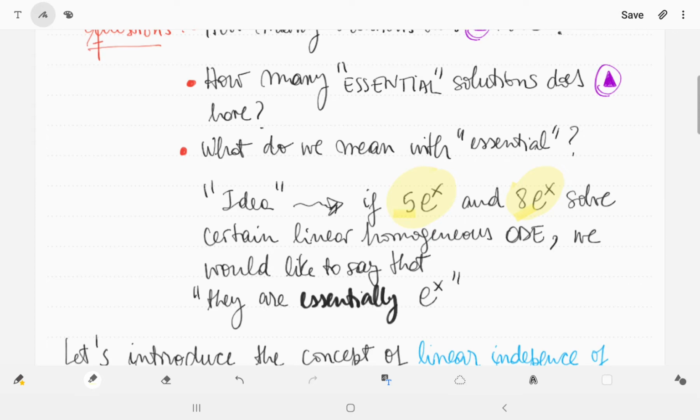If 5 times e^x is a solution and 8 times e^x is a solution, we would like to say that essentially I'm talking about this function, e^x, and the number is around. This is just an idea, it's not rigorous, so don't take it for true. We don't want to count solutions that are quite similar, let's say.